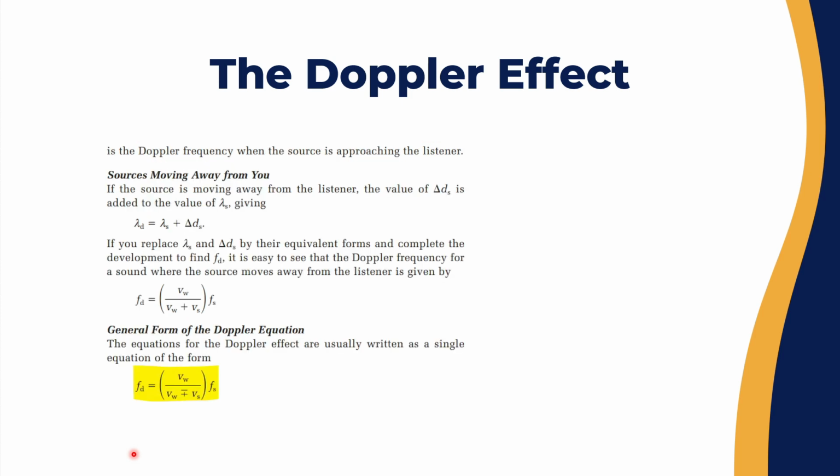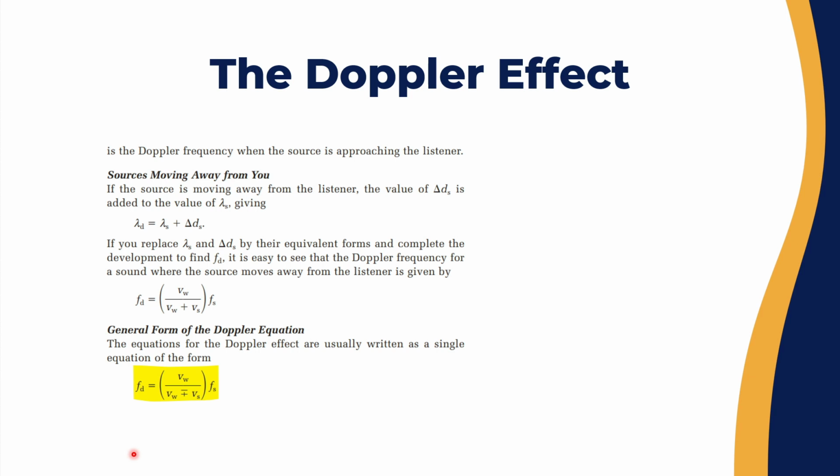Now, when the source is moving away from you, the value of delta ds is added to the value of lambda s, which would give you lambda d equals lambda s plus delta ds. You replace lambda s and delta ds by their equivalent forms and complete the development to find Fd.